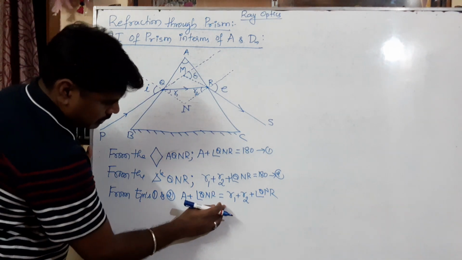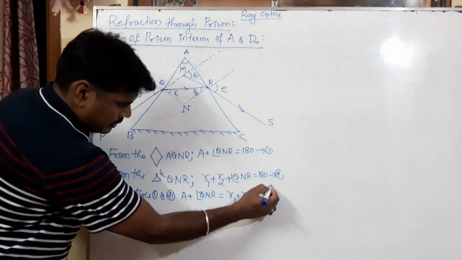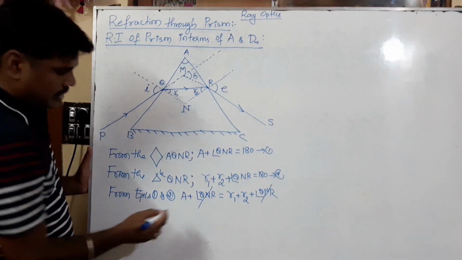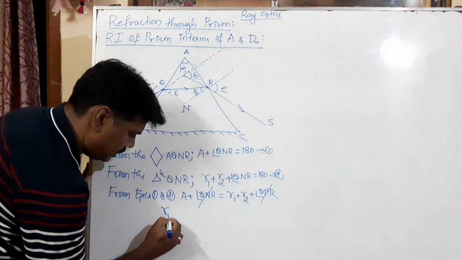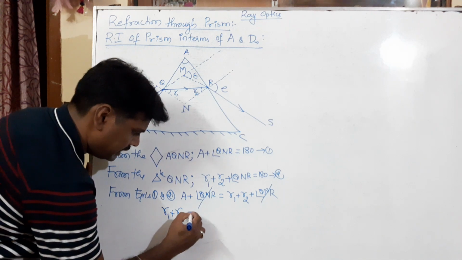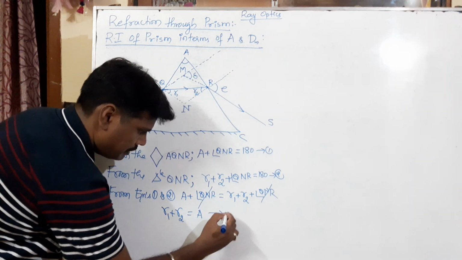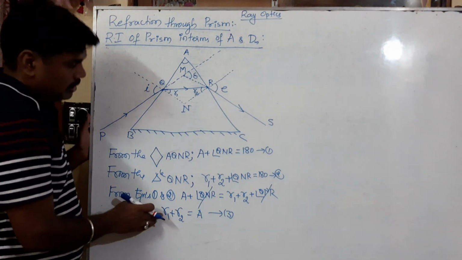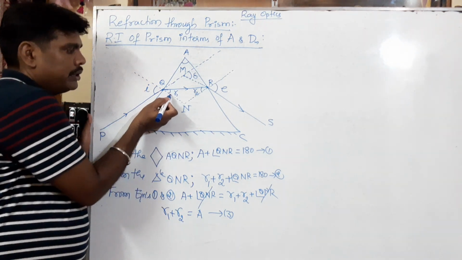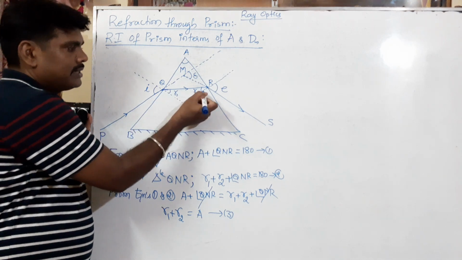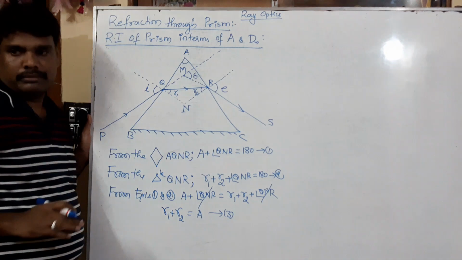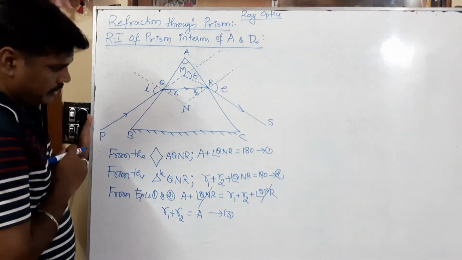Angle QNR on the right hand side and the left hand side cancels. The remaining is R1 plus R2 is equal to A. Equation number 3. The meaning of this equation is that the sum of the angles of refraction produced at the first surface and the second surface is always equal to the angle of the prism.